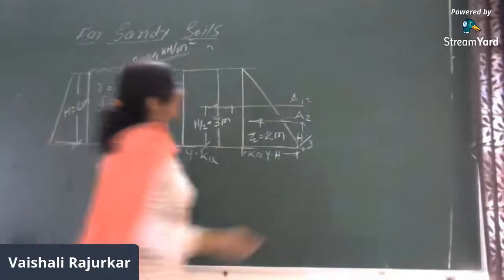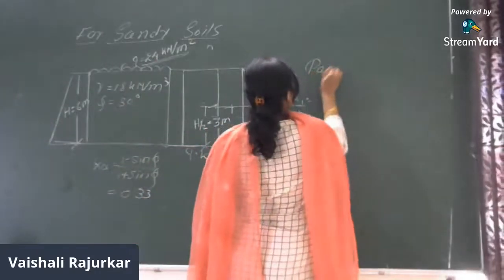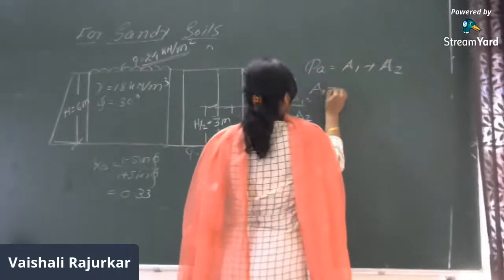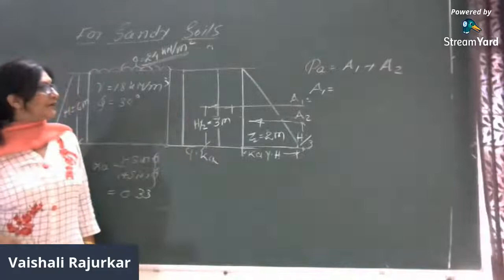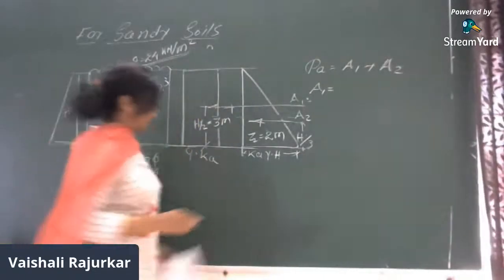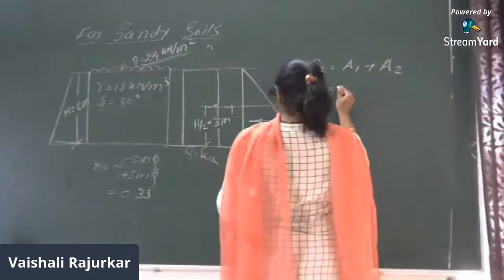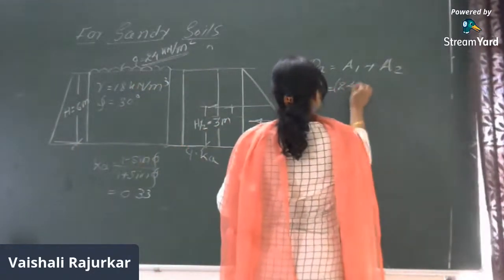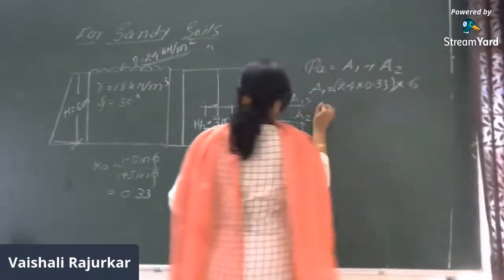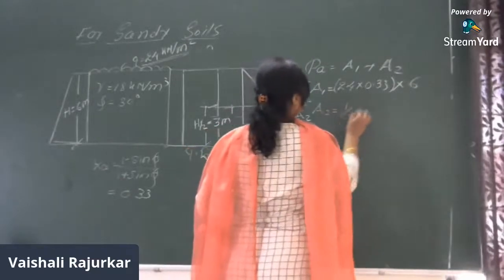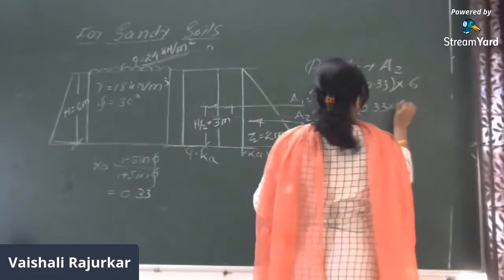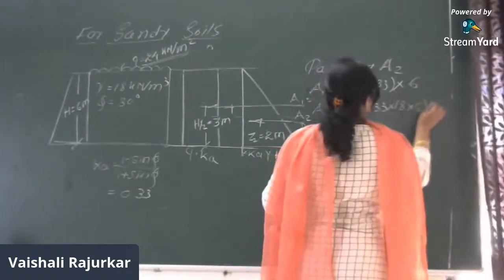So here you will just calculate the total PA is equal to A1 plus A2. So what is A1? As the distribution is a rectangular distribution, what is the area of rectangle? It will be this multiplied by height. So it is 24 into 0.33 into h is 6 meter. And what is A2? A2 is half of 0.33 into 18 into 6 into 6.